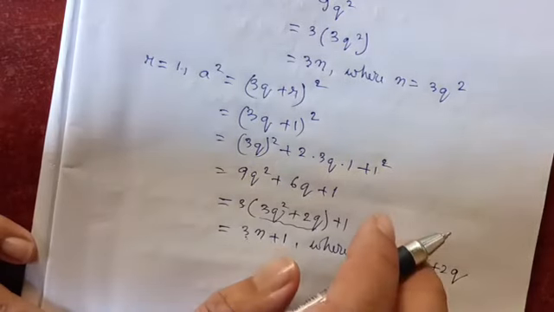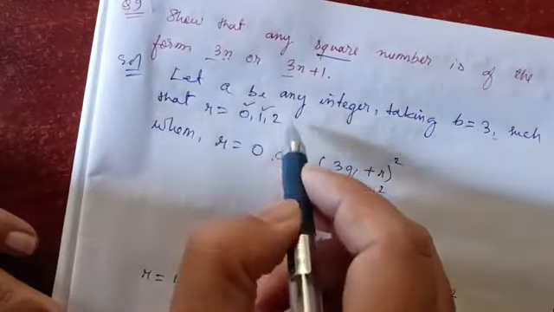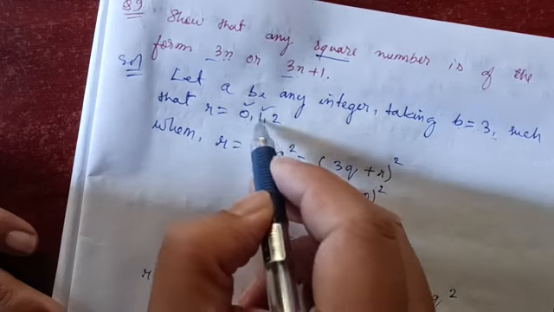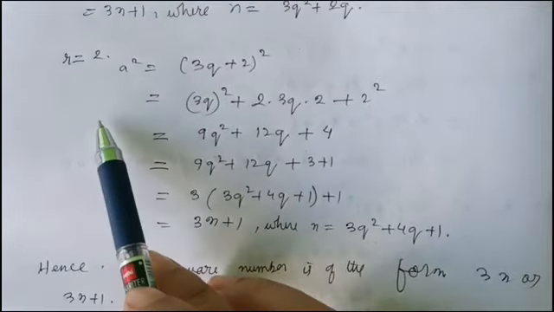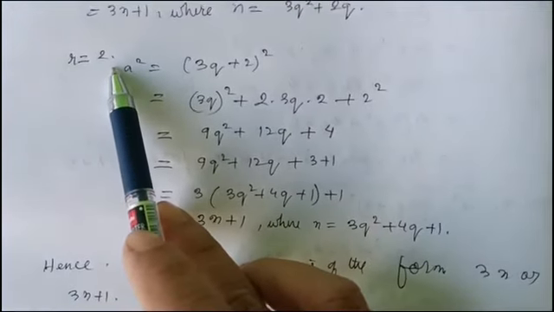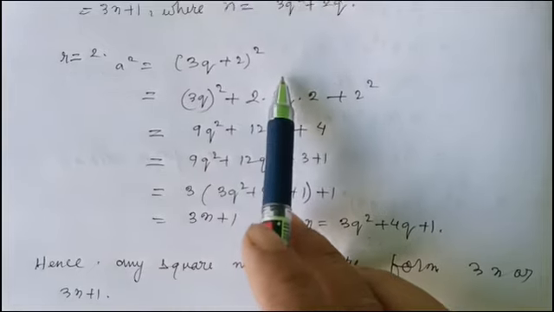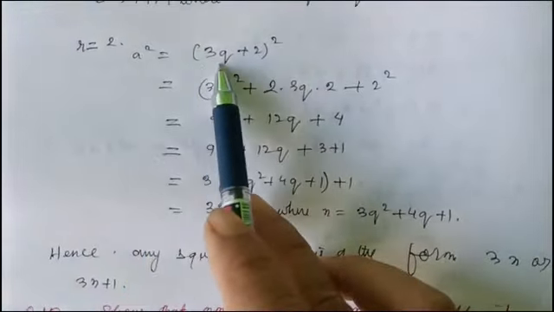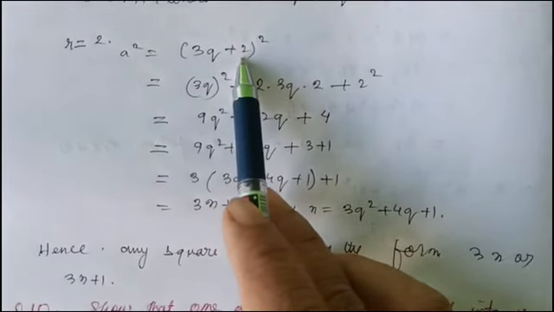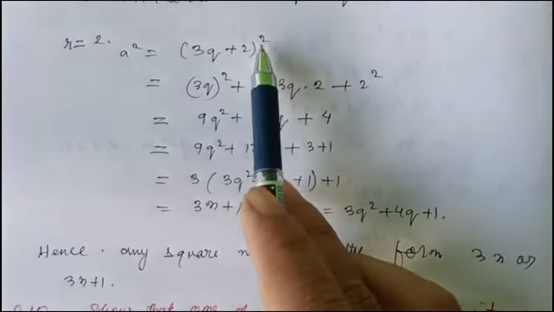So we are left with only one number. 0 we have done, 1 done, now 2. Now for remainder 2, since the solution is the same, I already solved it for you. When the remainder is 2, a square is 3q plus 2 whole square, which is a plus b whole square.